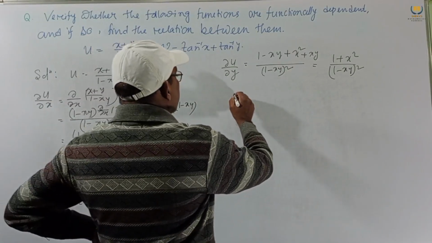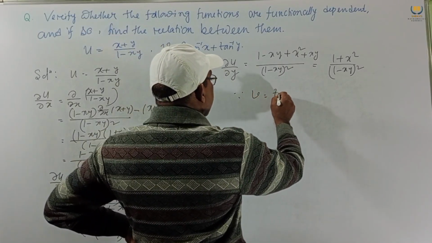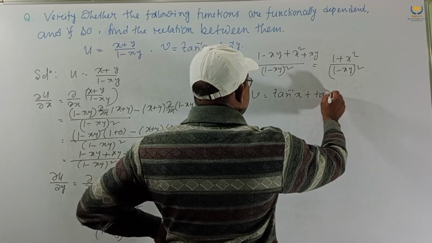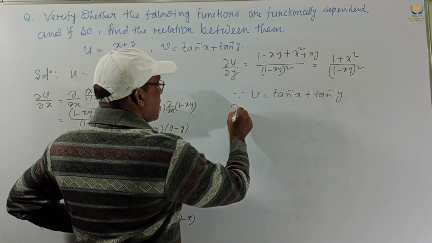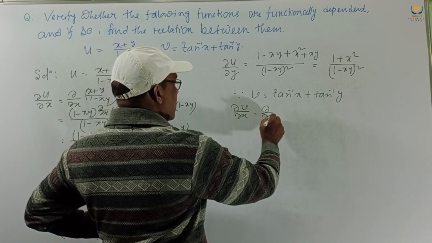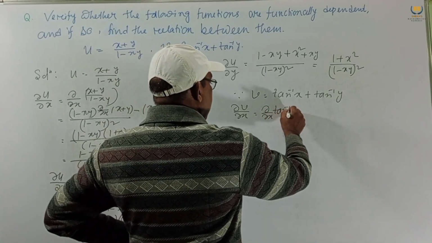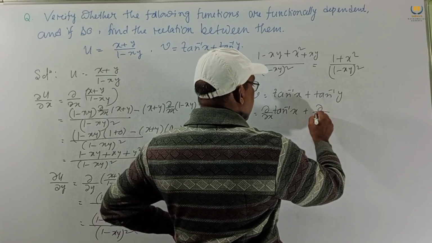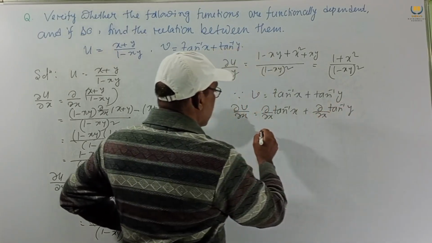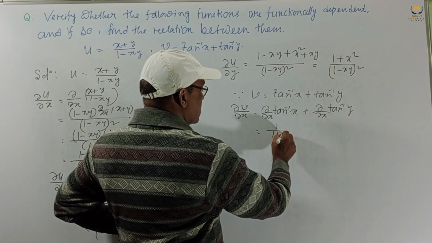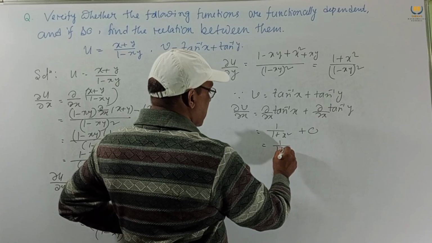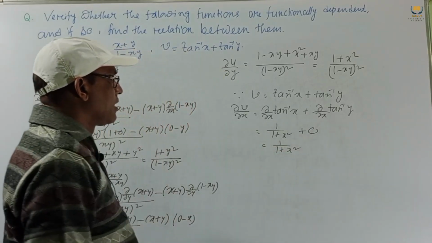Next v equal to tan inverse x plus tan inverse y. Del v del x, this is del x of tan inverse x plus del x of tan inverse y, and this is 1 by 1 plus x square, this one 0, and this is 1 by 1 plus x square you get.